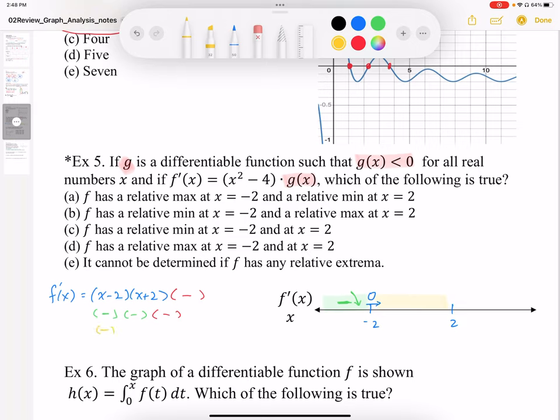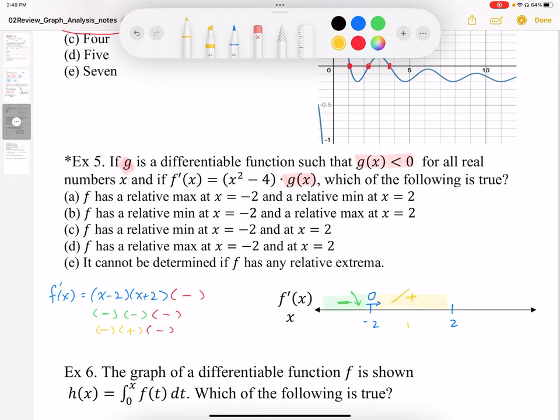If it's between negative 2 and 2, some number plus 2 is going to be positive. Again, we can just test the point x is 1. And then we know that the g of x factor is always negative. From our sign analysis, that's going to be negative times positive times negative. Well, that's a positive.